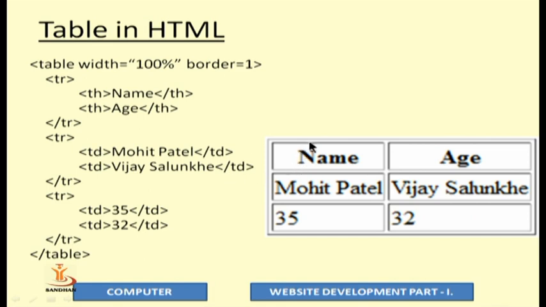That means your first row will show the content in a little bold font, representing the heading of the table, while the content of Mohit Patel is shown in a normal font. Similarly, age is covered with th, that is the heading, so it is a little bold. Then Vijay Salunke is again in a regular font size.